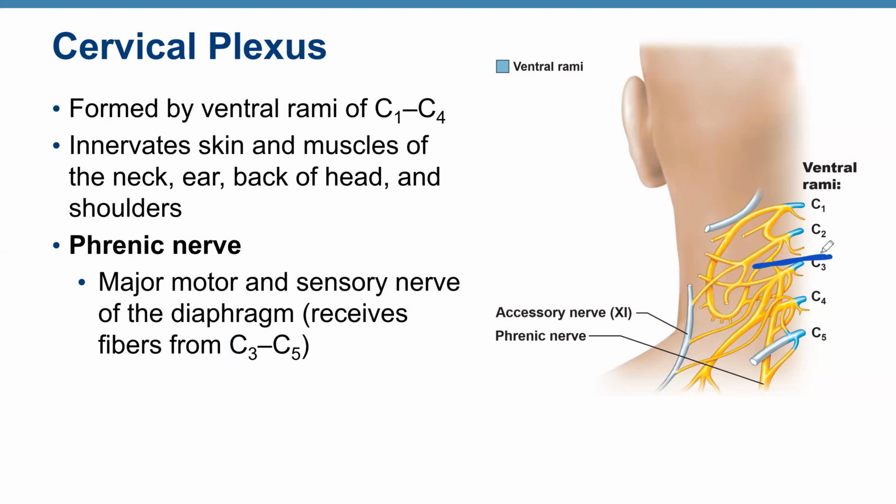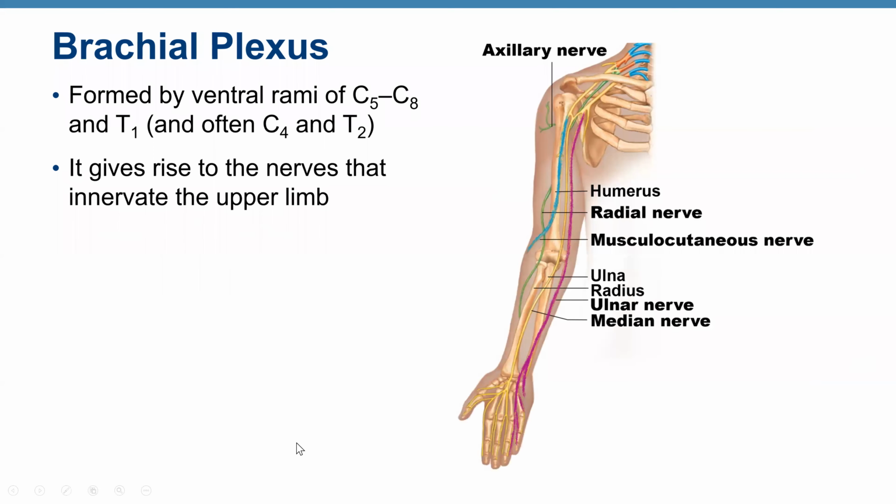So these fibers from C3, and we're also adding C5 over here, form this important nerve in your body that moves down and innervates your diaphragm. So, the phrenic nerve.